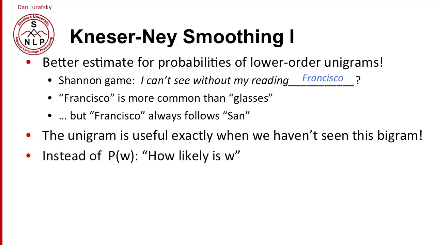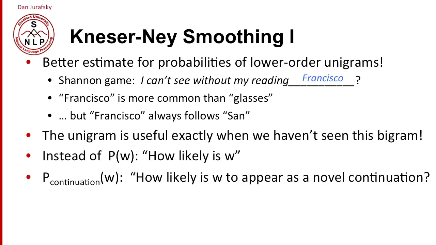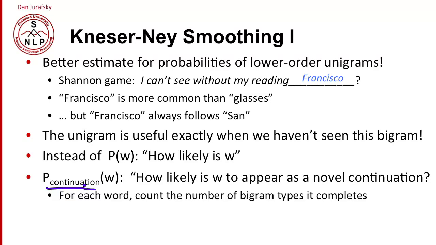So instead of using the probability of W, how likely is a word, our intuition is that when we're backing off to something, we should instead use the continuation probability. We're going to call it P continuation of a word. How likely is the word to appear as a novel continuation? Well, how do we measure novel continuation? For each word, we'll just count the number of bigram types it completes. How many different bigrams does it create by appearing after another word?